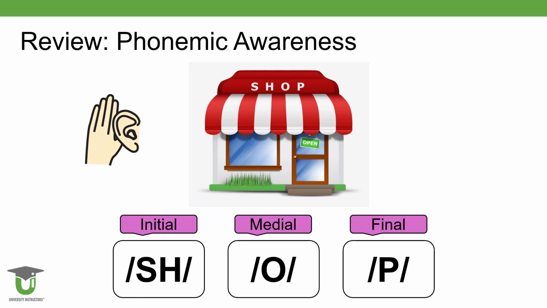Also, remember that there are initial, medial, and final phonemes in a word. Children usually become aware of initial phonemes first, then the final phoneme, then medial phonemes. Remember, when you see letters in between slashes, it is referring to the sound they make, not the letters.